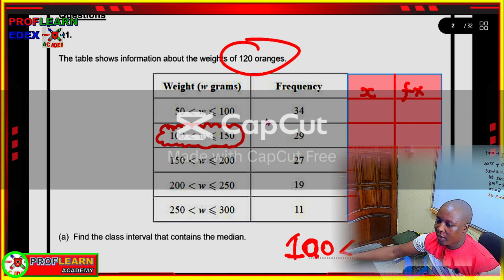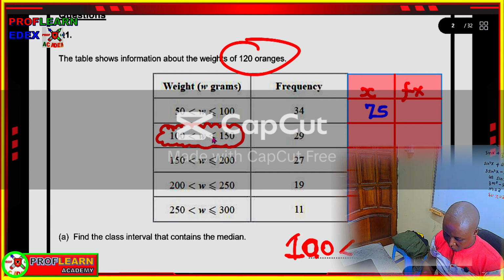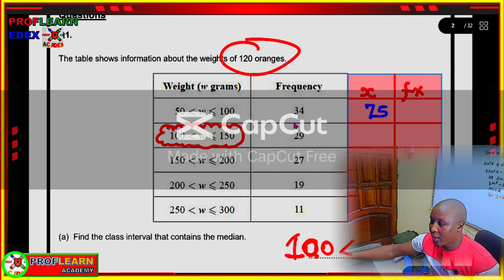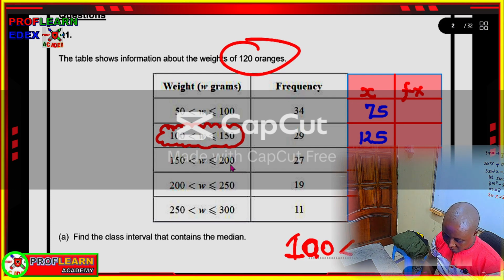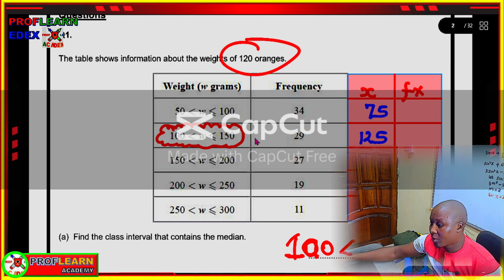For the next, 100 plus 150 divided by 2, that is 250 divided by 2, that's going to be 125. 150 plus 200, that is 350, divided by 2, that becomes 175.